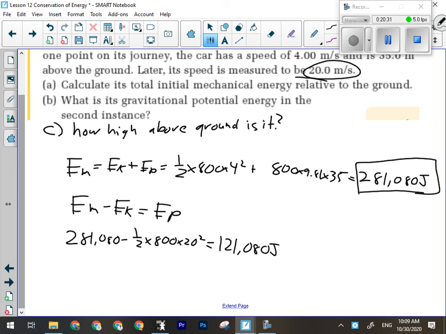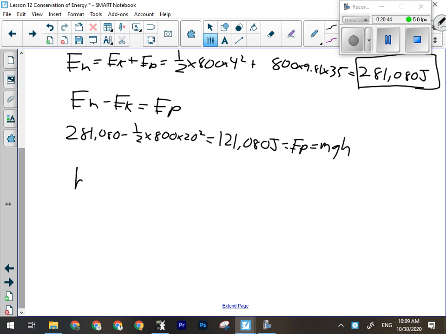Now that I know that, can I calculate the height? Right? So this equals EP, which equals m times g times h. Okay, so if I want to find h, I'm just going to go EP divided by mg, right? I'm just going to move the m and the g over.